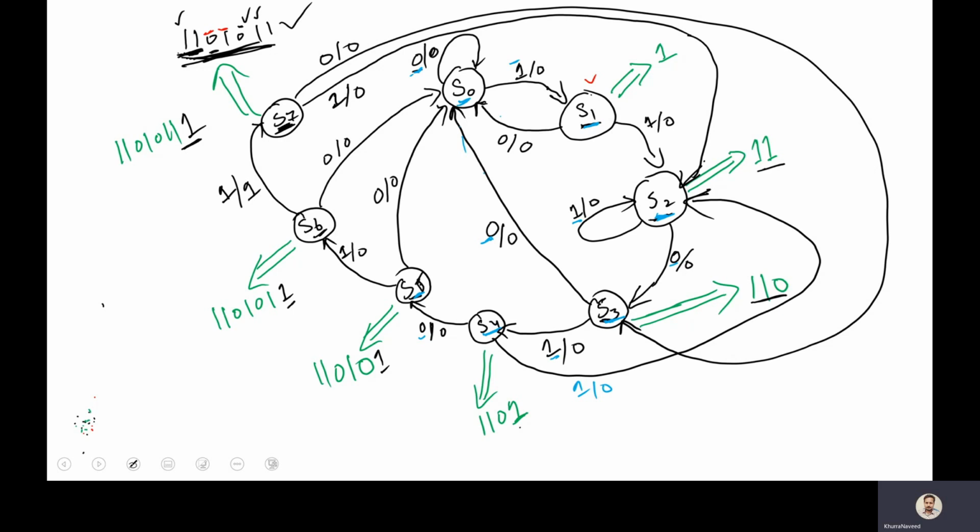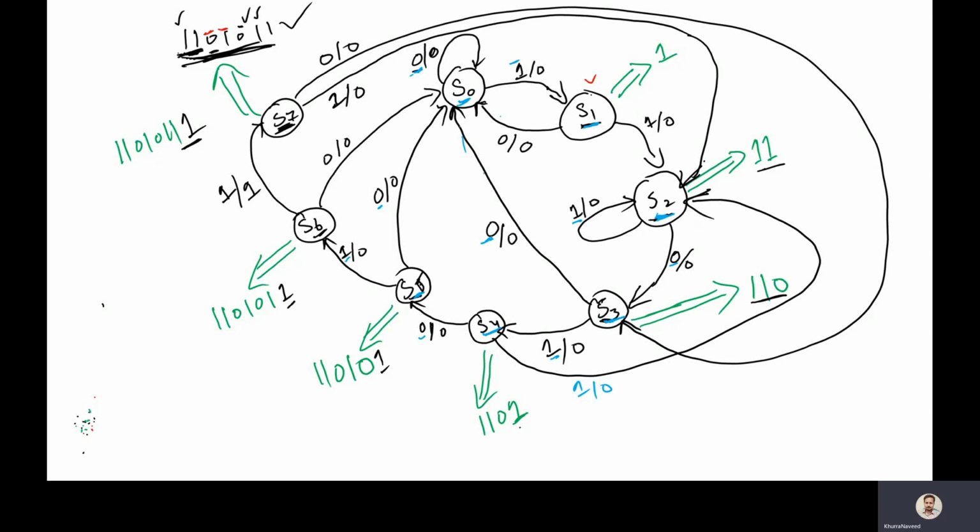And now let's confirm it at state S5. Next state in case of 0 is S5, and next state in case of input 1 is S2, right? Okay, so when we are at this state S5 and input is 1, next state is S6, but at input 0, next state is S0, right?